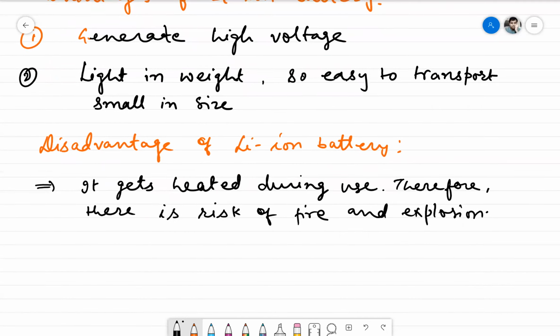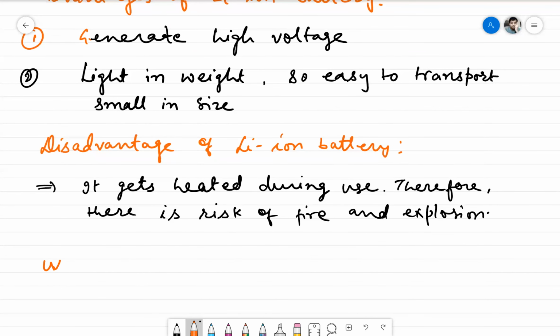Now the uses of the lithium ion battery.